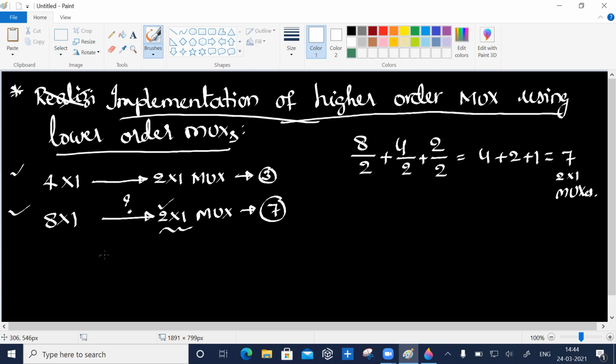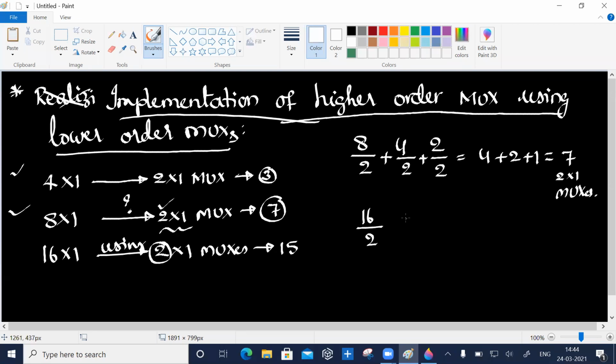Okay? Similarly, if I ask you 16 by 1 using 2 by 1, how many? 15, sir. 15, right? I take 16. So using 2 by 1, I take divisor as 2. So 16 by 2 is equal to what? 8. Again by 2.